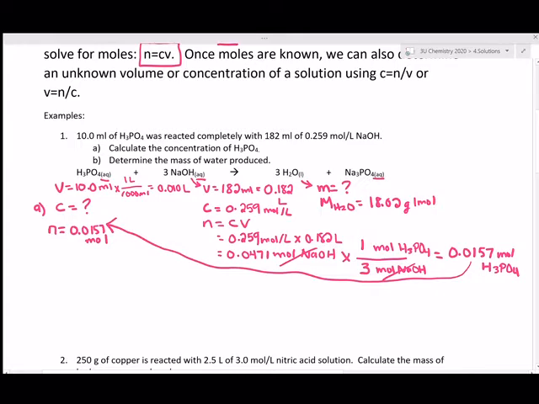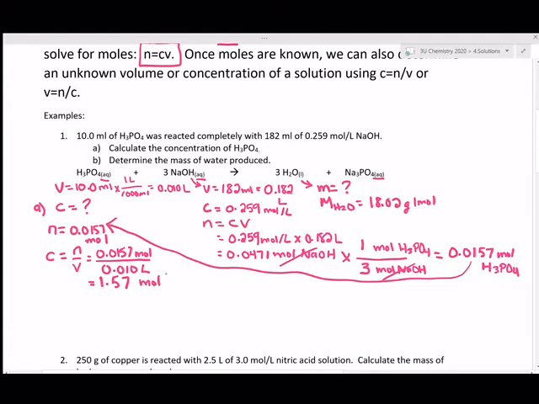And then look, we have V, we have N, we want C. Concentration is moles divided by volume. So 0.0157 mole divided by 0.010 liters.